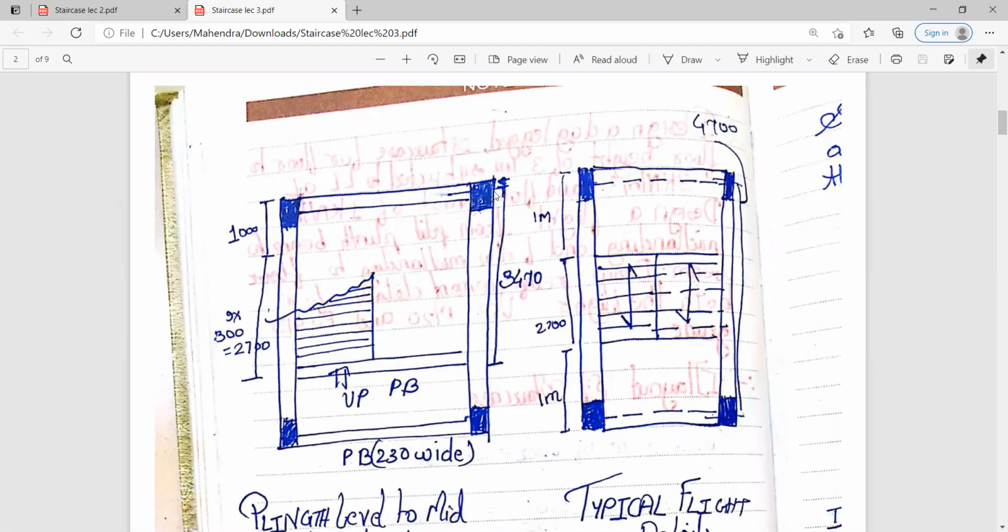So how you will calculate? That is 2700 plus 1000 minus, this entire beam's width is 230 mm. So 230 divided by 2, you will get it as 115.